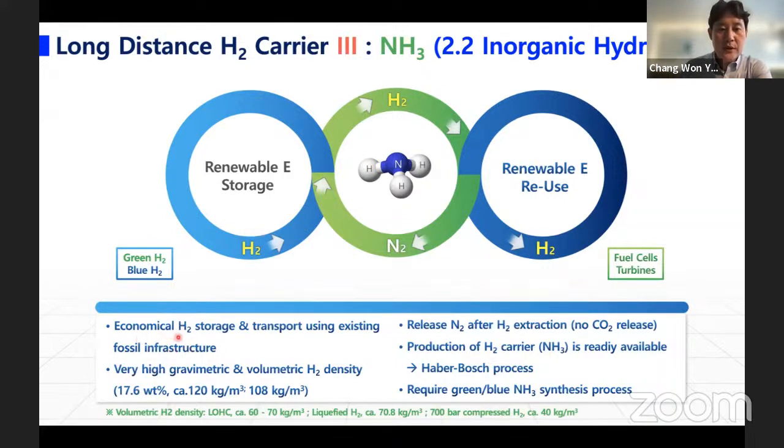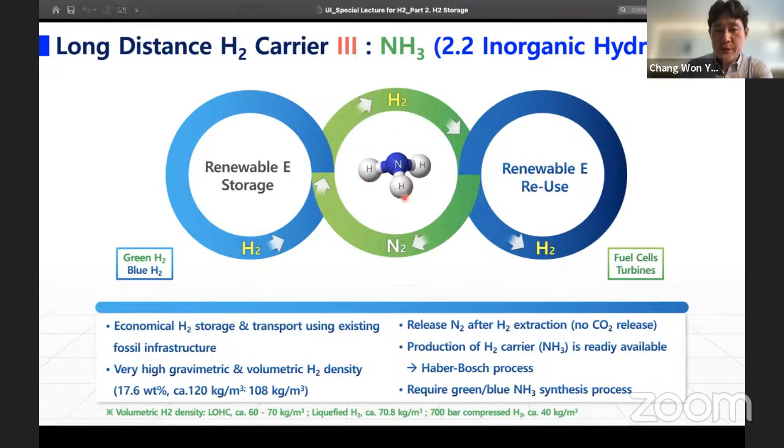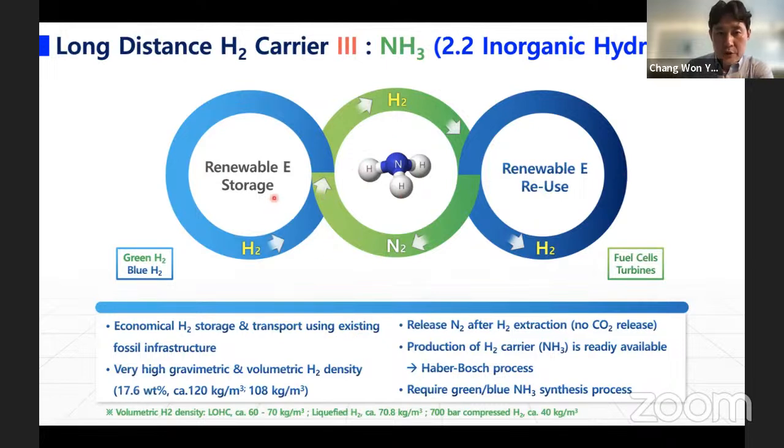So we can use economical hydrogen storage and transport technology using the currently existing fossil fuel infrastructure. Production is no problem, transport is no problem. The only thing we need to develop is the ammonia dehydrogenation process, which is not commercialized yet.